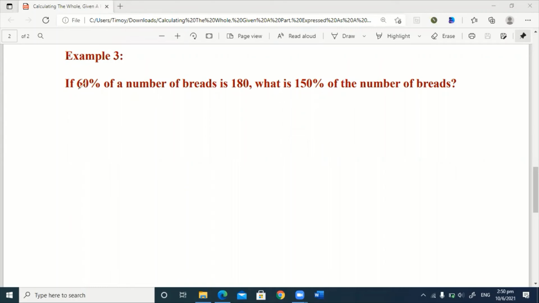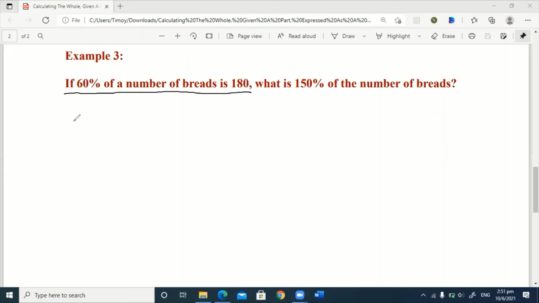It says, if 60% of a number of breads is 180, what is 150% of the number of breads? So this one is straightforward. They give us something and they are asking us to find 150% of it. So it is the same approach. The approach does not change.